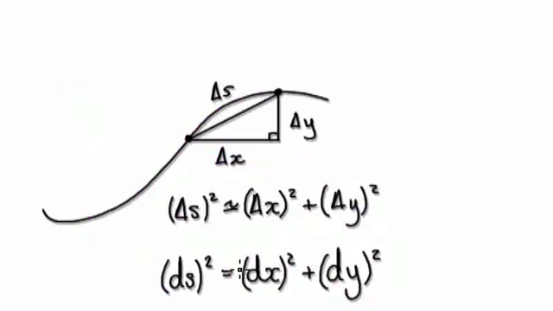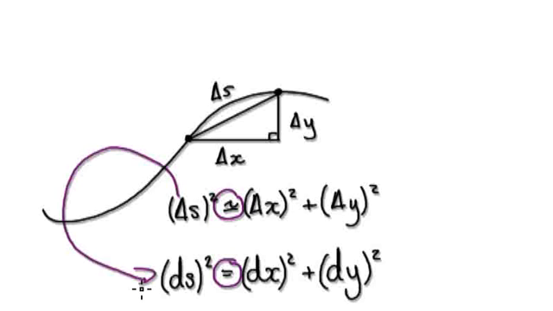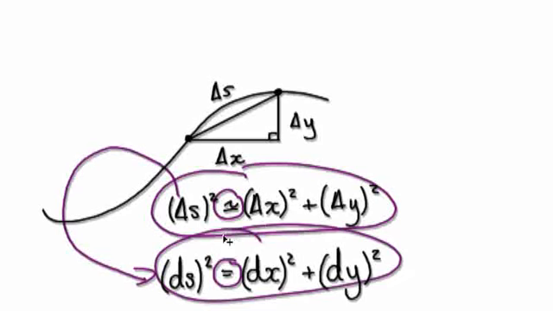The true path up here is just approximately equal, but as you decrease x, make it smaller and smaller and smaller, eventually you can say that the true path equals this. Limits allow us to get from here to here.